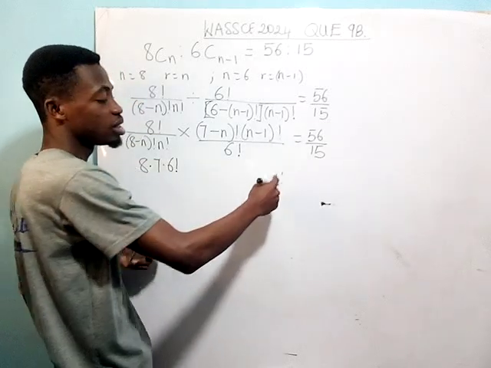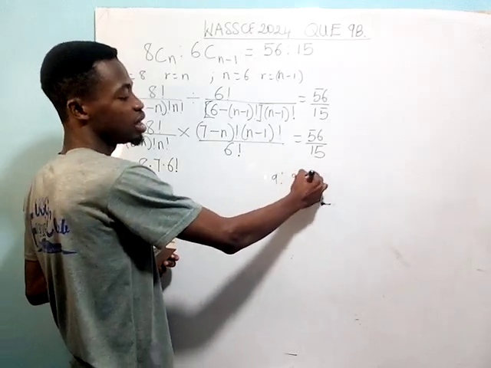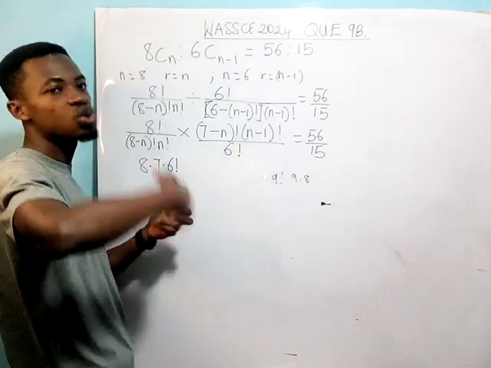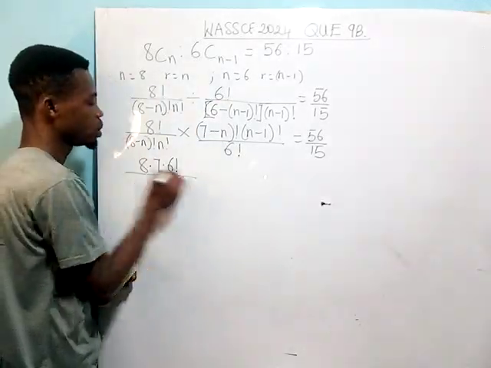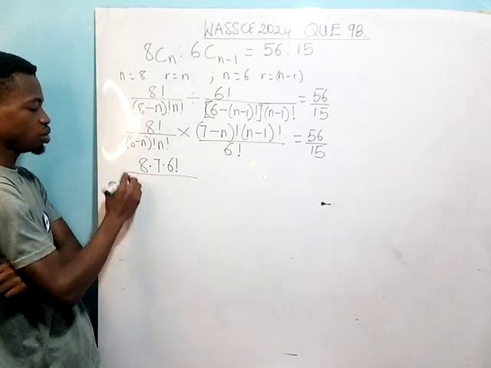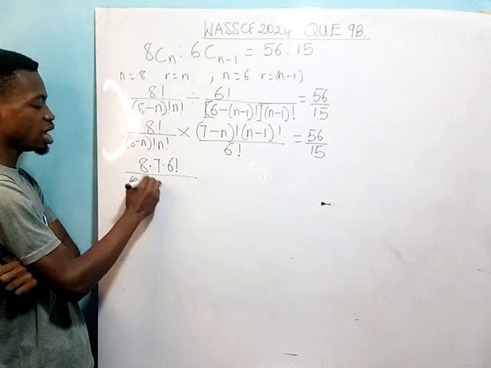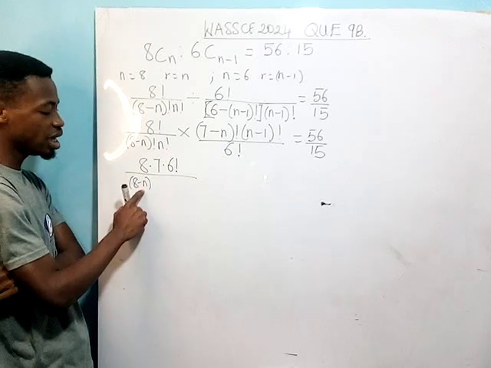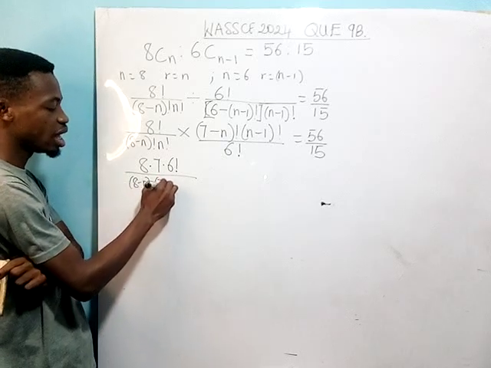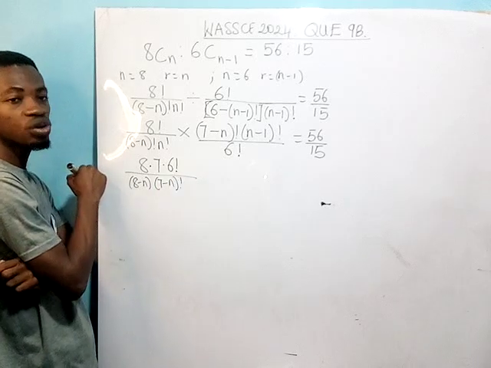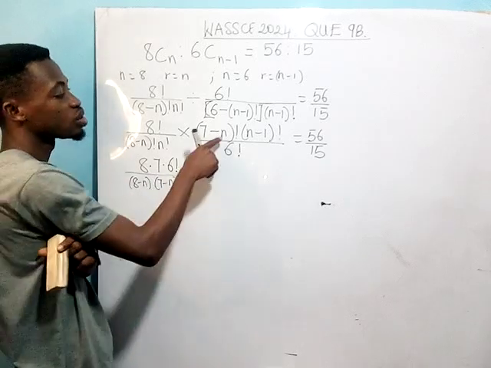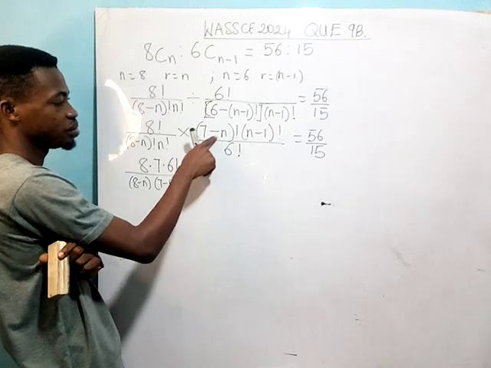For you to expand it, it becomes 9 times 8 times 7, as you move, it reduces by 1. Here too, (8 minus n) factorial can be written as (8 minus n) times (7 minus n) factorial. We are ending here because of what we have here.